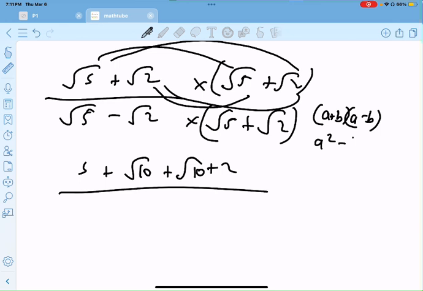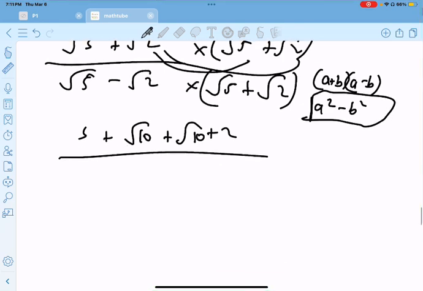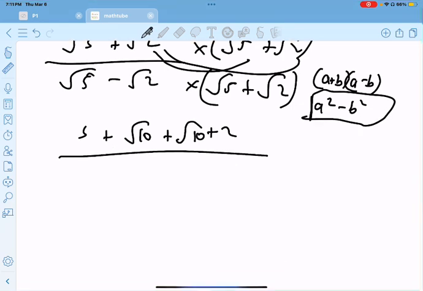It's basically a squared minus b squared, okay? You can expand it your own way, but that is a rule that is known in your O levels. Anyways, root of 5 squared is going to be 5, minus root of 2 squared which is 2. So simplifying this, it's going to be 7 plus 2 root 10 divided by 3, okay?